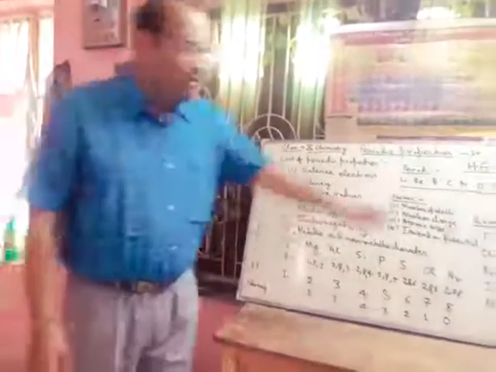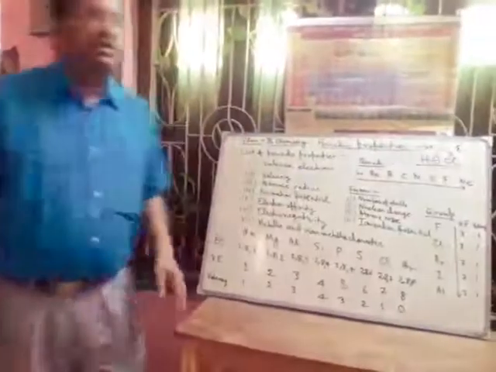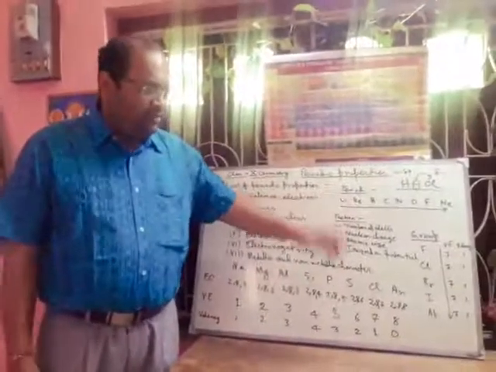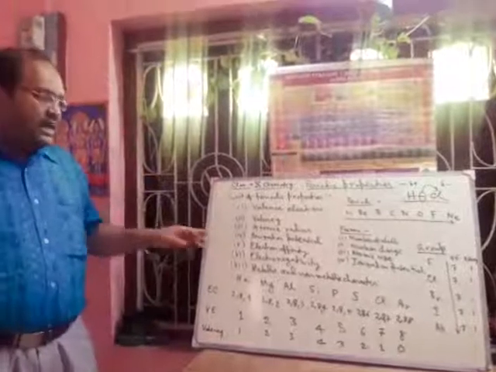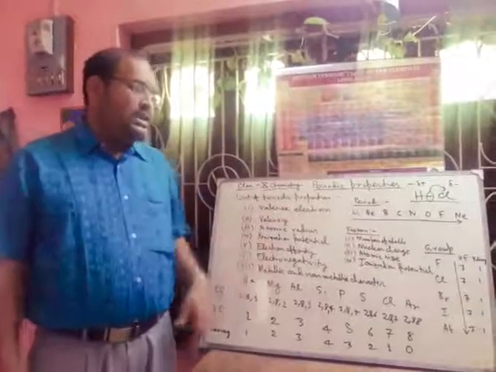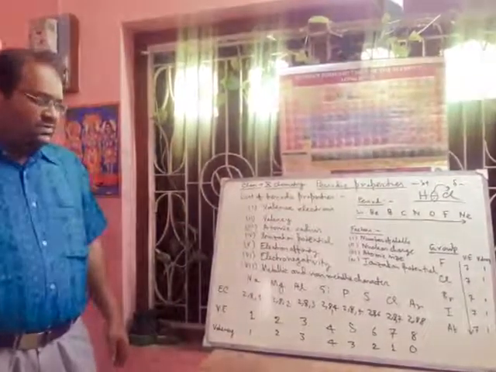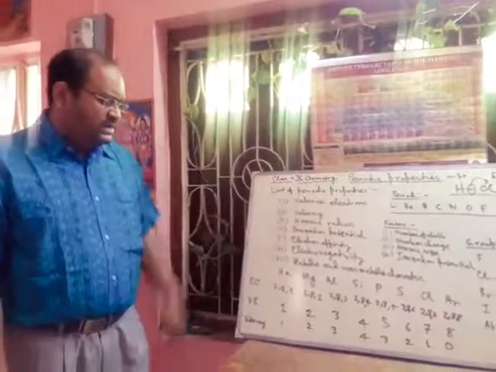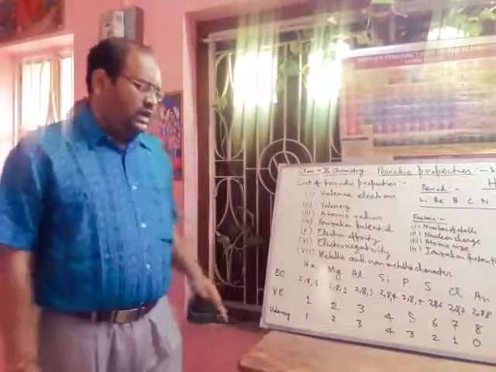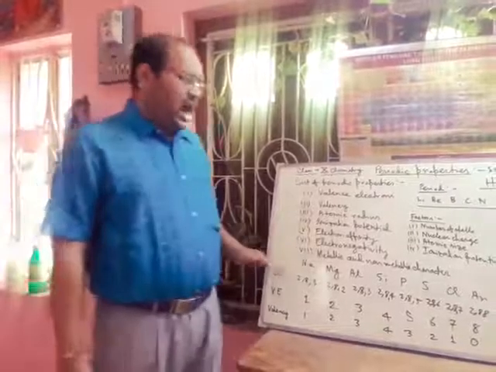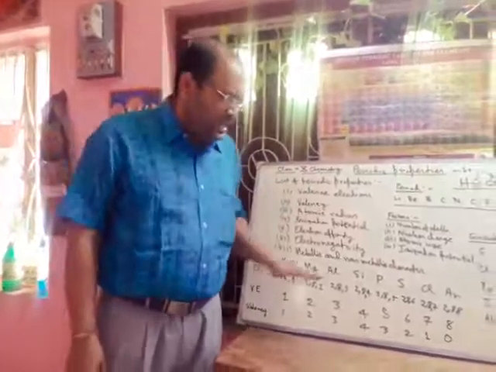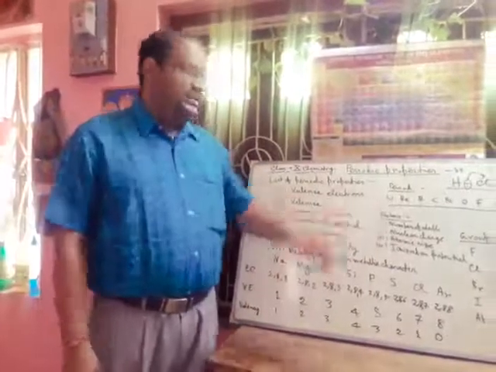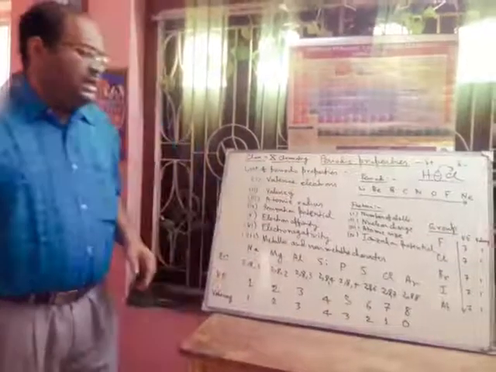So in fluorine, chlorine, bromine, iodine, astatine, whenever we are going from top to bottom, the ionization potential value continuously decreases. Now the variation of ionization potential: in a period from left to right, ionization potential generally increases, and in a group from top to bottom, ionization potential generally decreases.